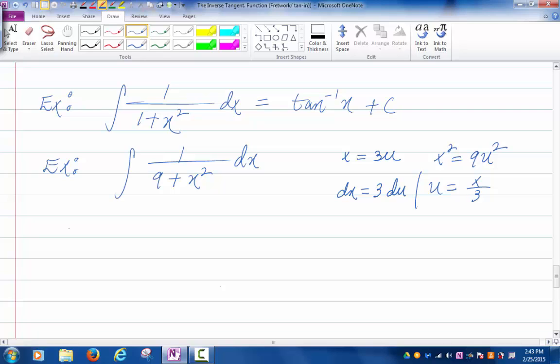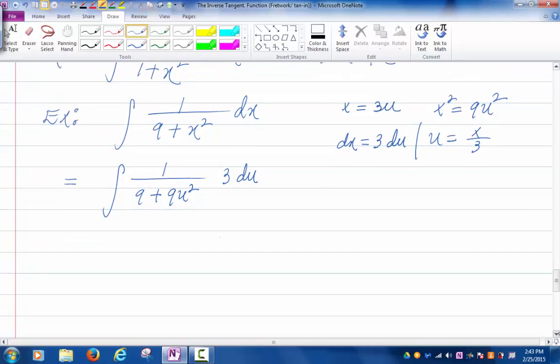All that is good. Now let's make the substitution here. I get 1 over 9 plus x squared is 9u squared, and dx is 3 du. Right? Now I factor out the 9.